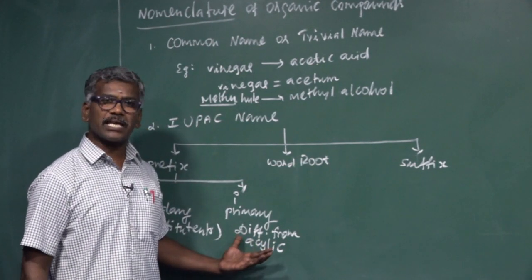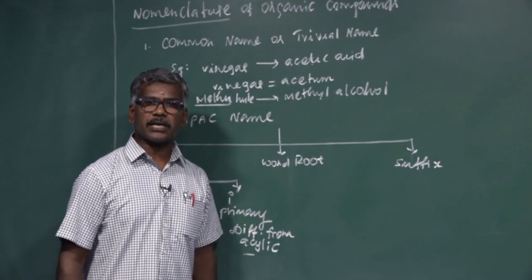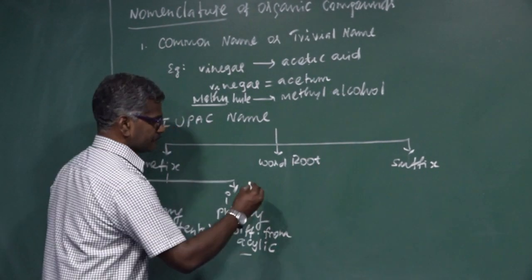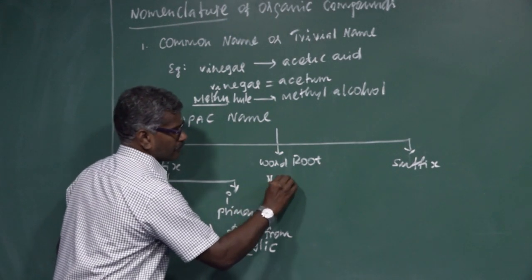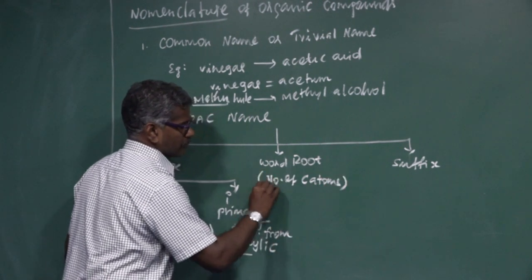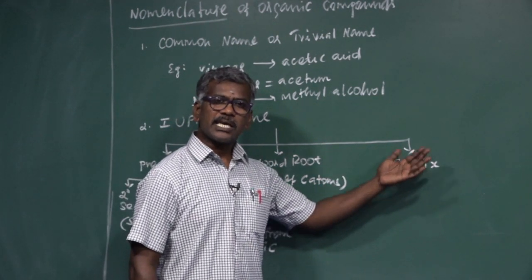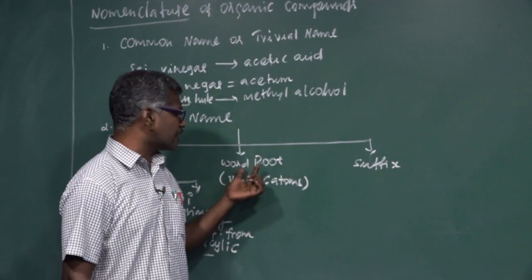Word root is the number of carbon atoms present in the longest chain. Another one is the suffix. A suffix is written after the word root.